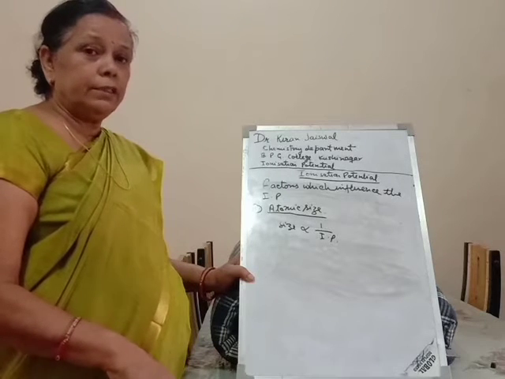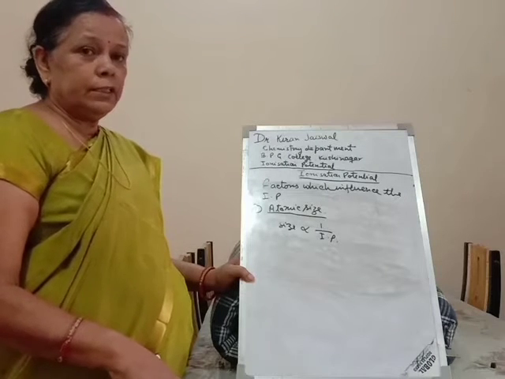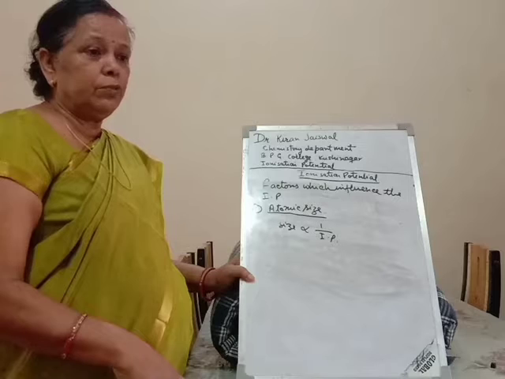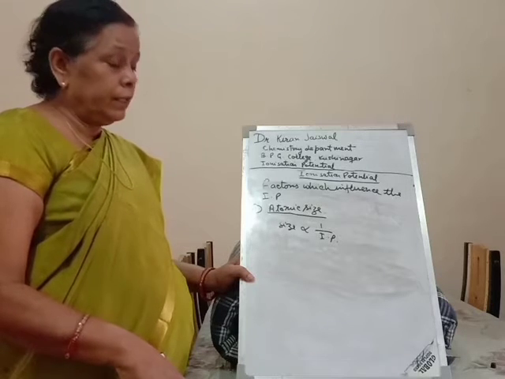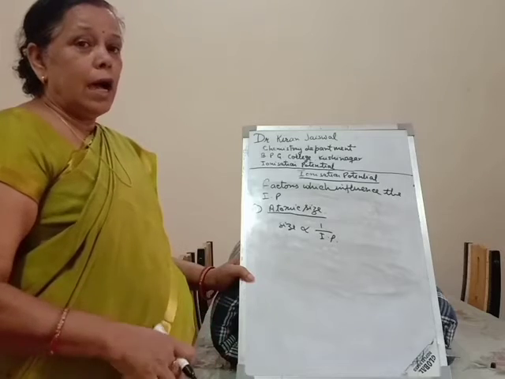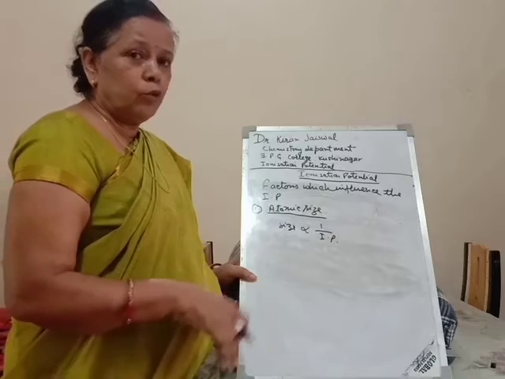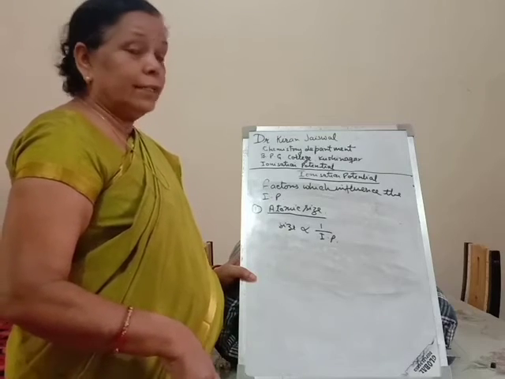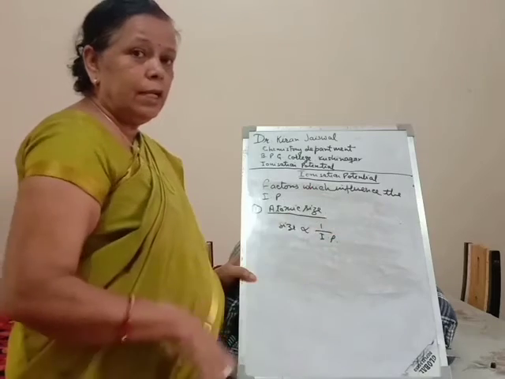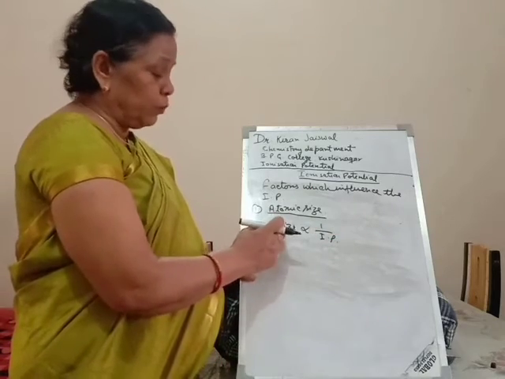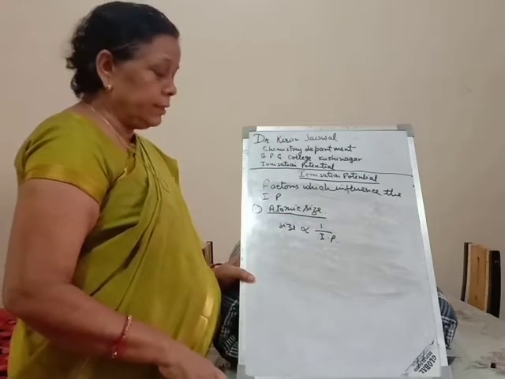As the size increases, the ionization potential decreases, because the force of attraction between the nucleus and the outermost electron will decrease, and so a small amount of energy will be needed to remove the outermost electron, so the ionization potential decreases. This is the inverse proportionality.